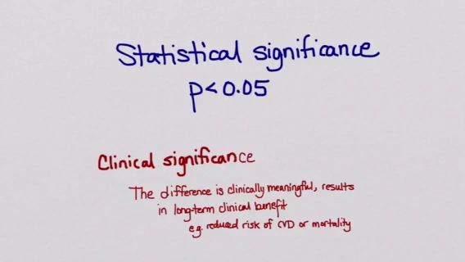So like in the case of weight, usually a 5% change in weight has been shown in other studies to be related to clinical benefit long term. And so therefore, in a weight loss study, you would always want to have a difference of at least 5% in the change in weight. Otherwise, it's not clinically significant, even if it is statistically significant. So hopefully that helps.